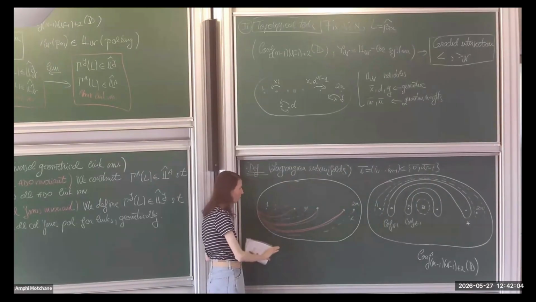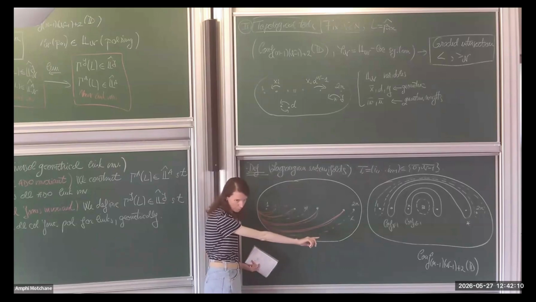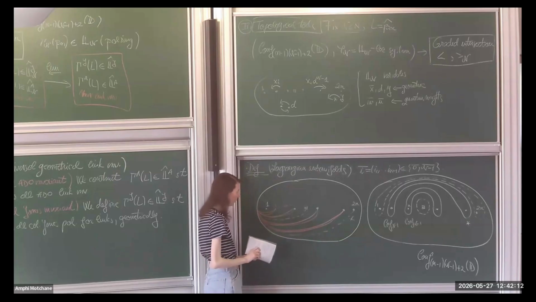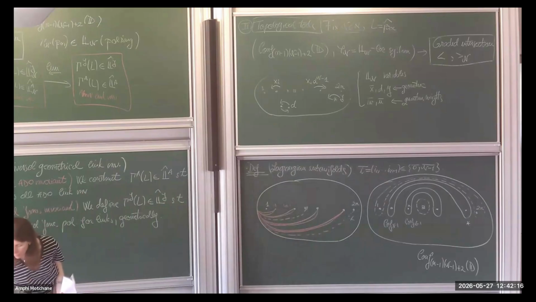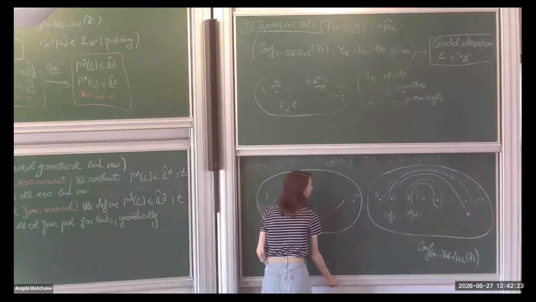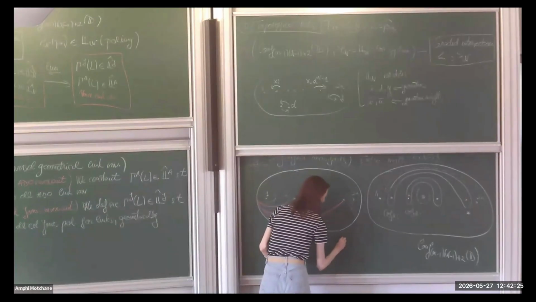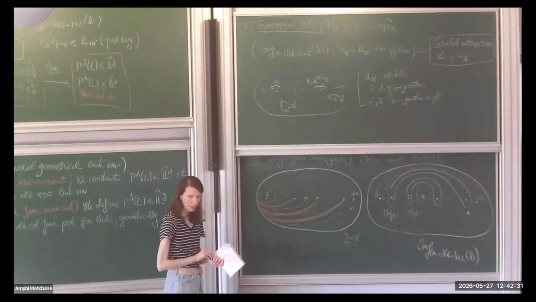On the left, I look in the punctured disk, and I will construct a submanifold in this configuration space. I denote the submanifold by F_I.